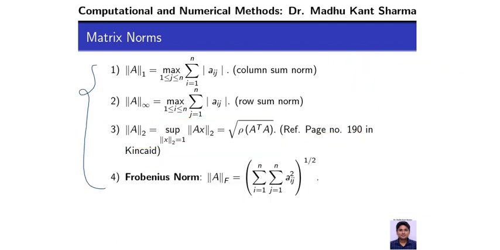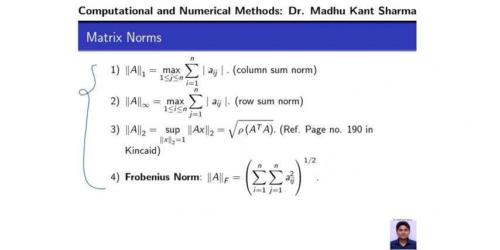Right. Another norm is the Frobenius norm. The Frobenius norm is something different from the previous ones. It is defined by taking the square of each entry in the matrix, summing up, and then taking the square root.